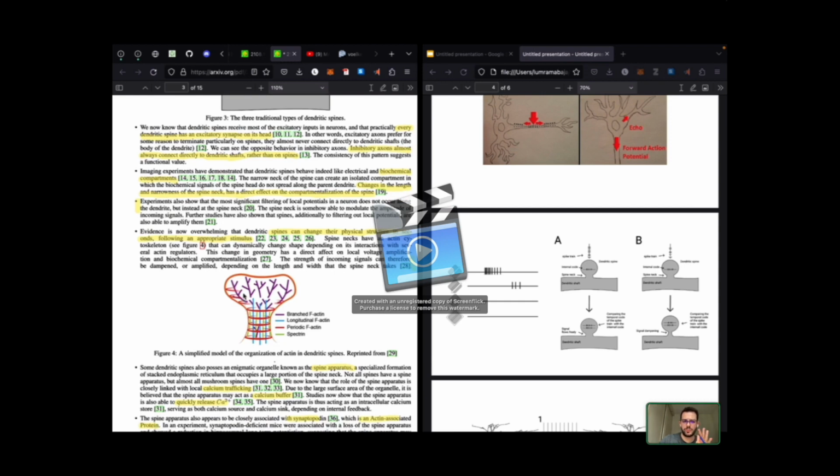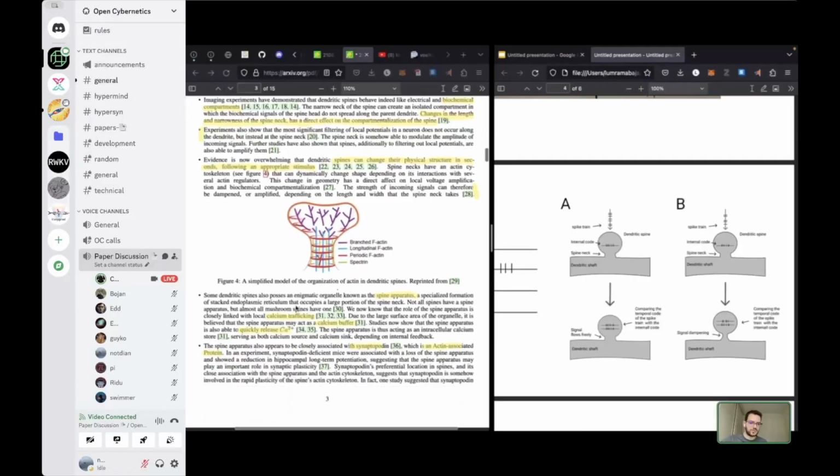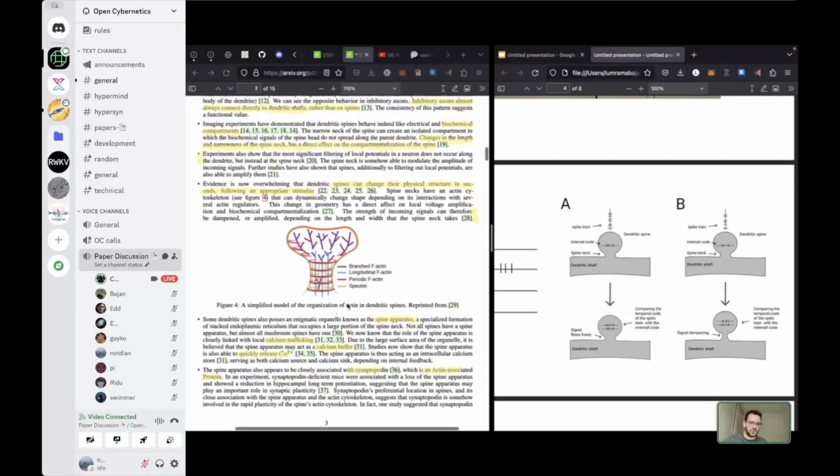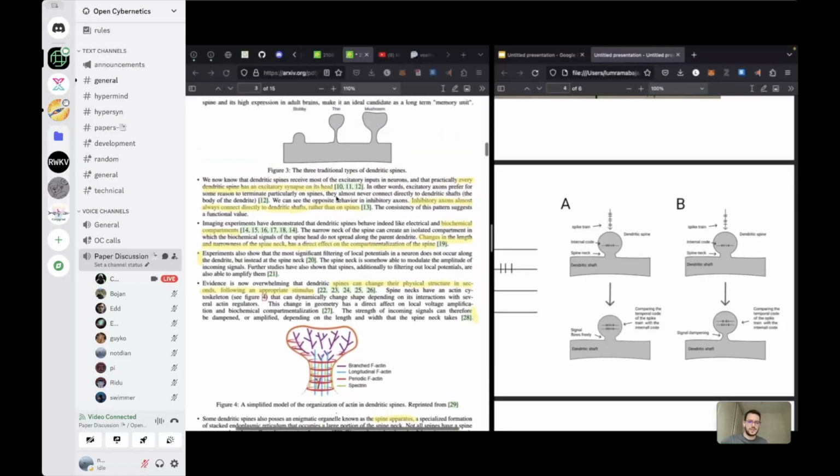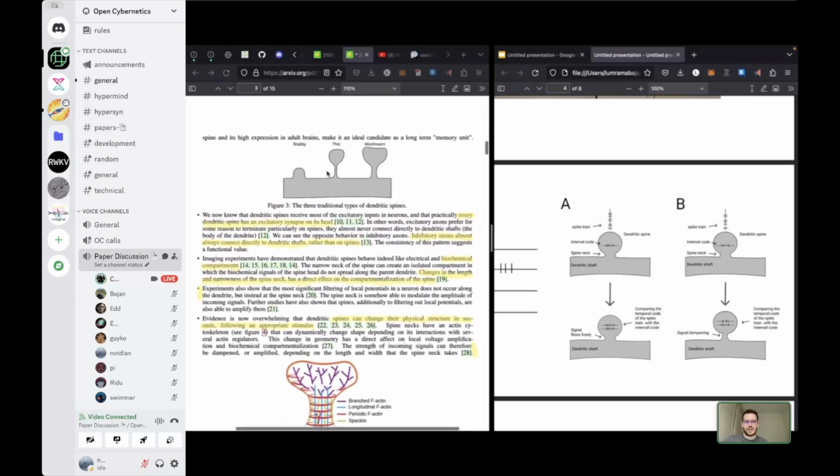Another very interesting fact: first off, there are different types of spines. There's not only one single type of spine. We have references involved with all these processes, and here are the types of spines that I explained. Mushroom spines can last a whole lifetime. Thin spines have the ability to quickly appear and disappear.